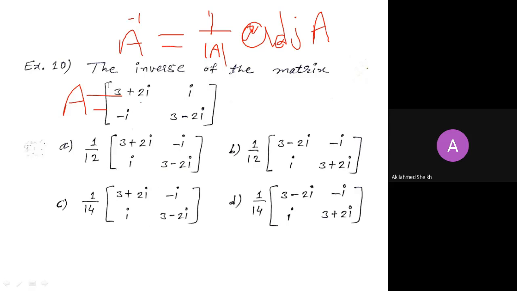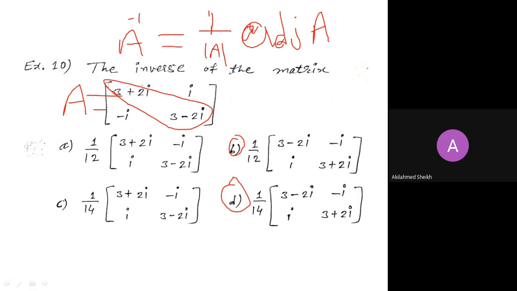So when we interchange these elements, it becomes 3 minus 2i, 3 plus 2i. This means option B or option D may be the answer.